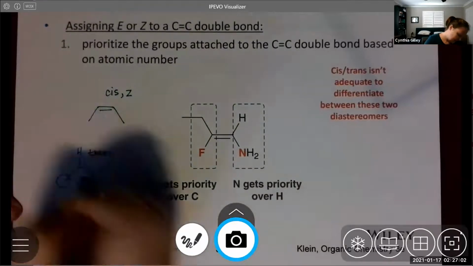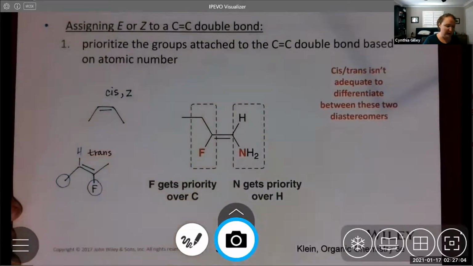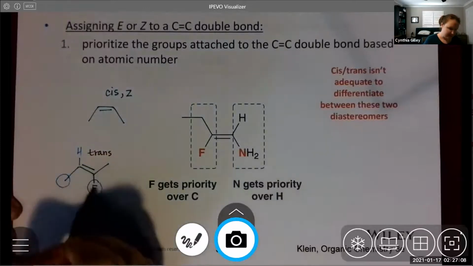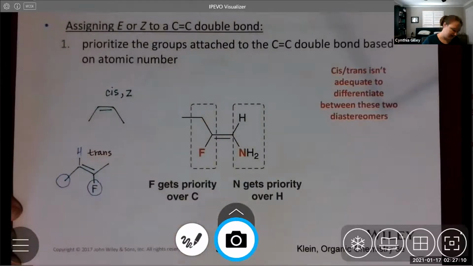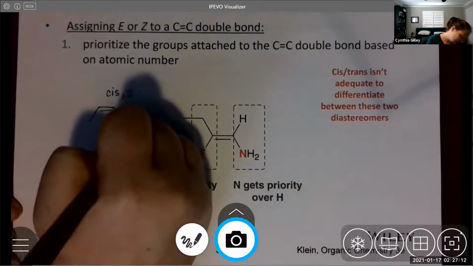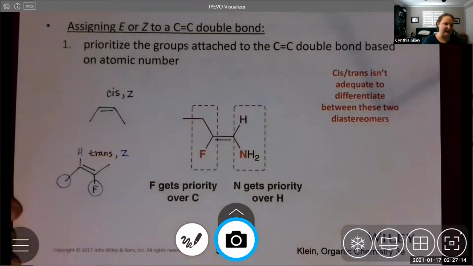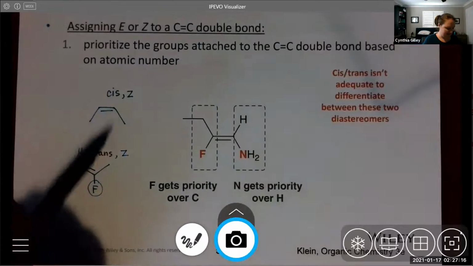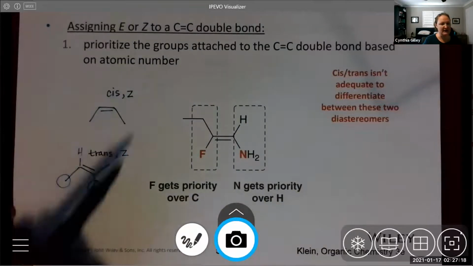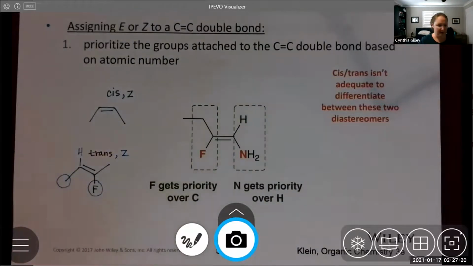So the methyl on this carbon and the fluorine on that carbon are the two priority groups. Those are actually on the same side of the double bond, so this can be considered trans or Z. So notice that cis and trans doesn't mean E or Z. They are determined using different rules, so it's possible to have any combination.